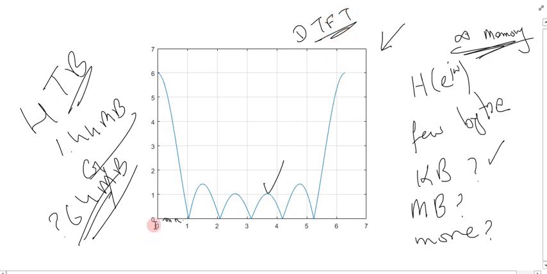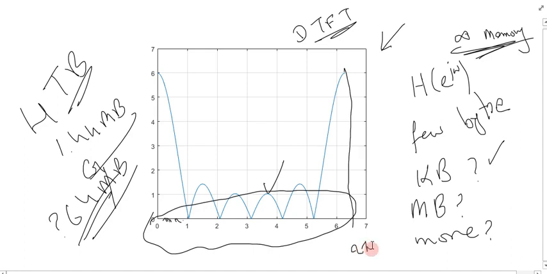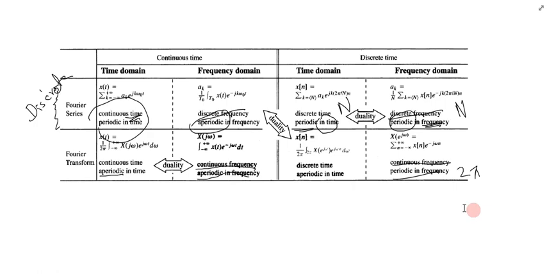It is periodic with period 2 pi, and this spectrum is continuous in frequency. So for digital or discrete time signals, the Fourier transform is continuous in frequency and periodic with period 2 pi. And the problem I just mentioned is that you have to store this discrete time Fourier transform in your memory.